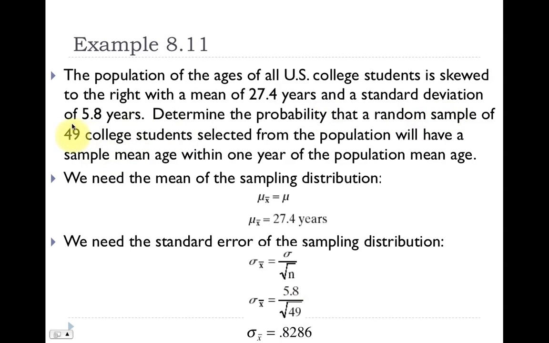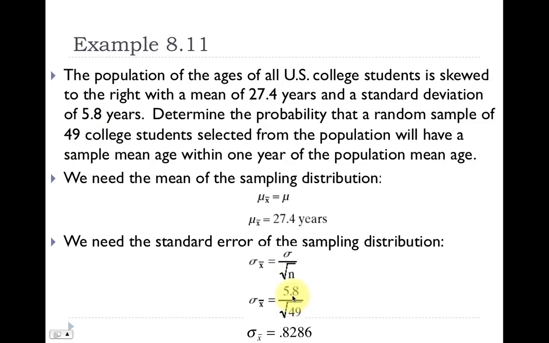So when we read these problems, we have to note what each of the numbers represent. Mean of 27.4 tells us that population mean mu is 27.4. Standard deviation 5.8 means sigma is 5.8. Random sample of 49 college students tells us that little n is 49.